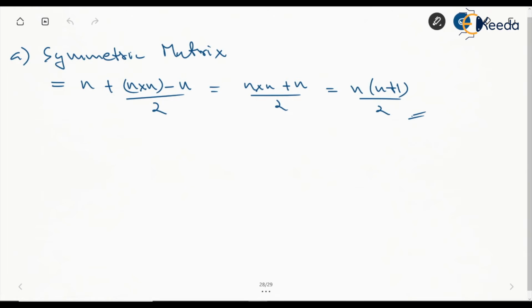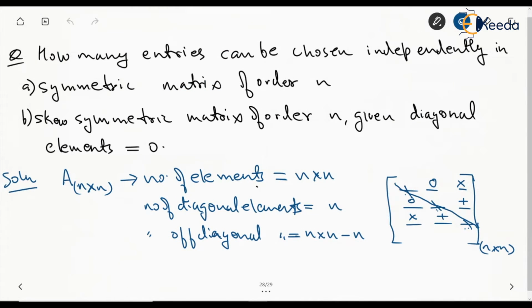Coming back, when it is skew-symmetric, the diagonal elements have to be 0, right? Let's write 0. And it is also given in the question that diagonal elements are 0. That means we don't have to choose for these n diagonal elements because they are going to be 0.